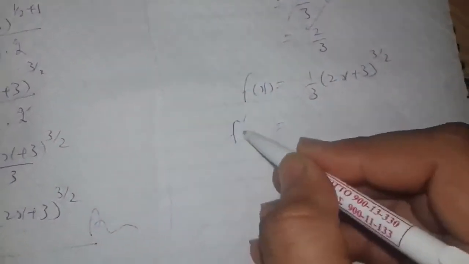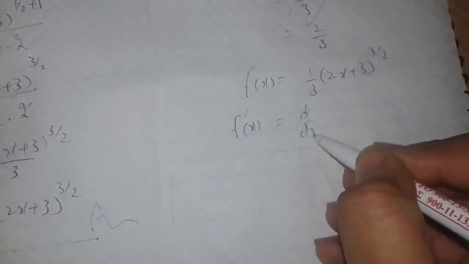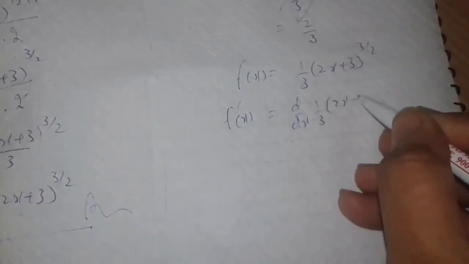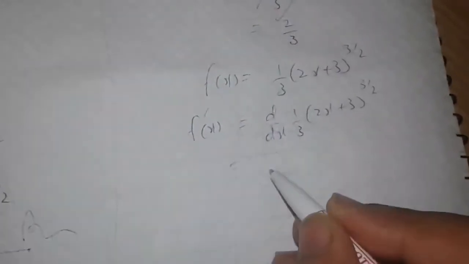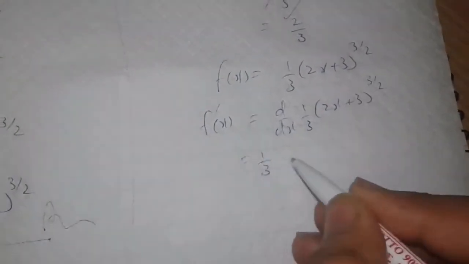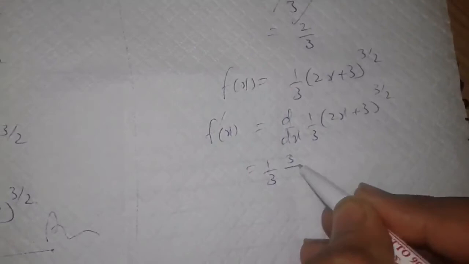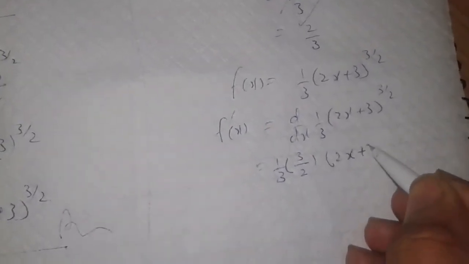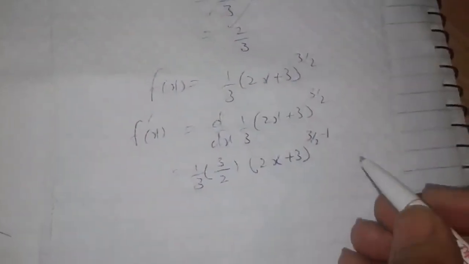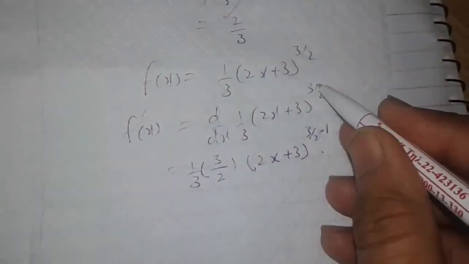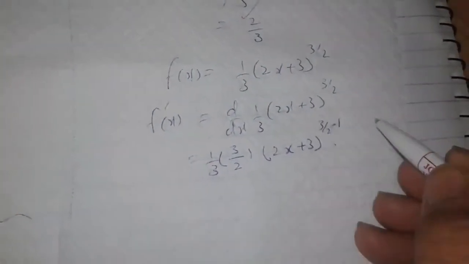Now by taking the derivative f prime of x, d by dx of 1/3 into (2x + 3)^(3/2). This 1/3 is a constant, so we take it outside of the derivative and apply it on the function. According to the derivative, the power will be multiplied and decreased by a factor of 1, and then leaving the power, we take the derivative of the function again.